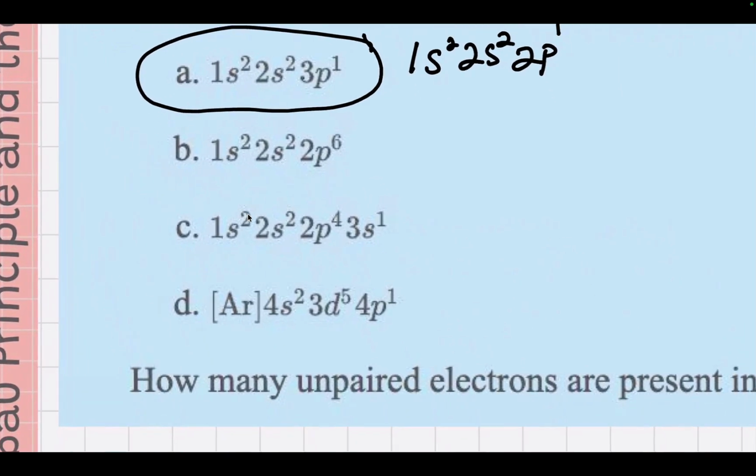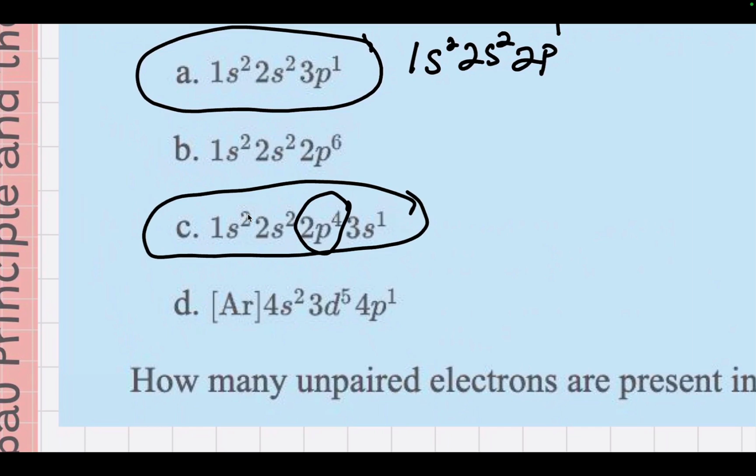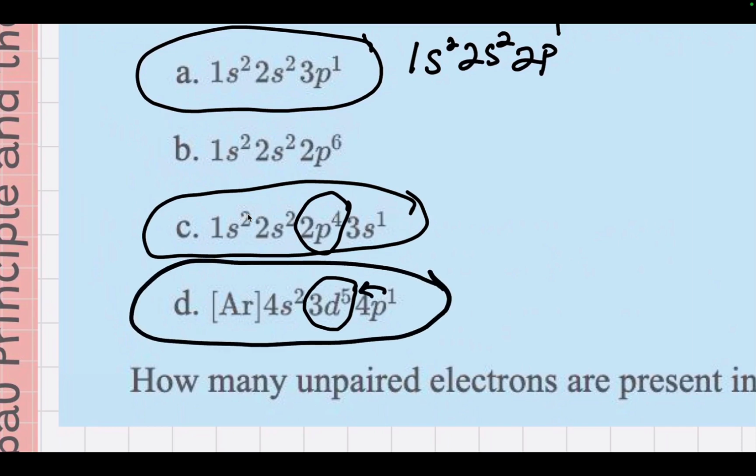Letter C, that one, because this isn't filled, it should have been 2p5 before it went to the s, so this one is excited. And then this one, argon, and then 4s2, this should have been filled before going to the p, so this is also electrons that are higher in energy than they are when they're in ground state.